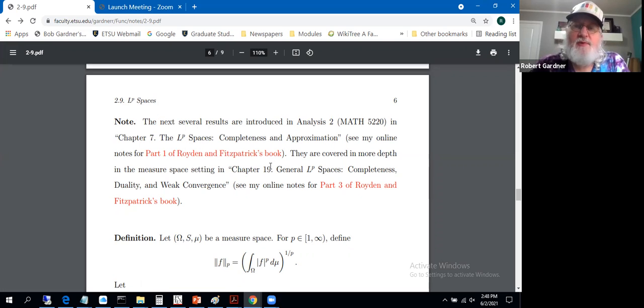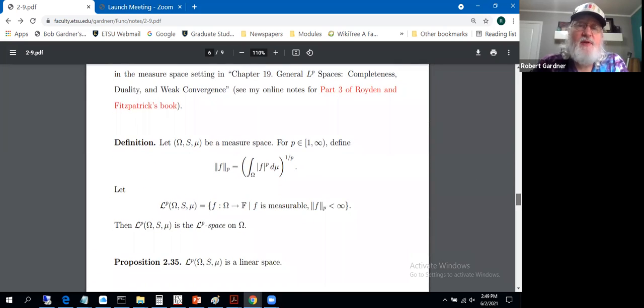So linked to some notes there. In which case, the classical Banach spaces are covered. The LP spaces based on real numbers. And you use all that Lebesgue measure stuff. They can be covered in a more general setting, general LP spaces, in which case we consider LP spaces over measure spaces, which is the approach we're taking here in terms of the definitions.